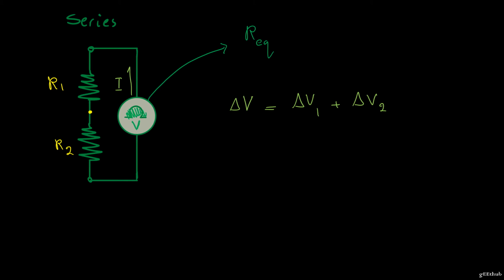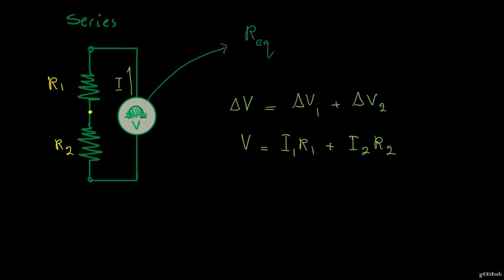Now, using Ohm's law, I can say that my V is equal to I1 R1, the current going through resistor 1 times resistor 1, plus the current going through resistor 2 times resistor 2.